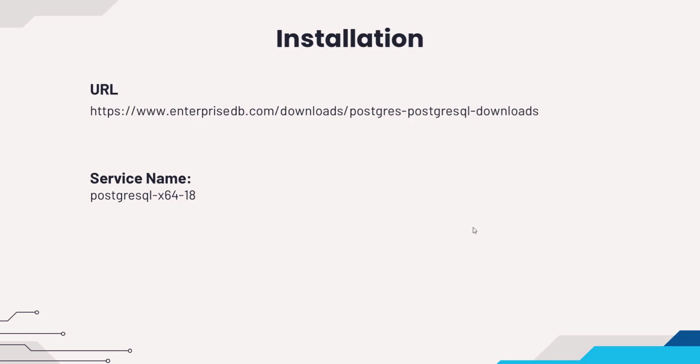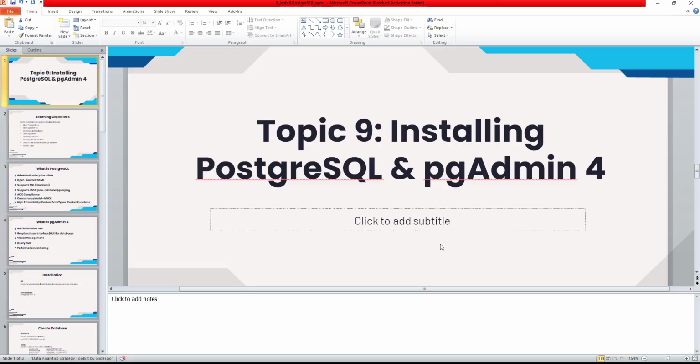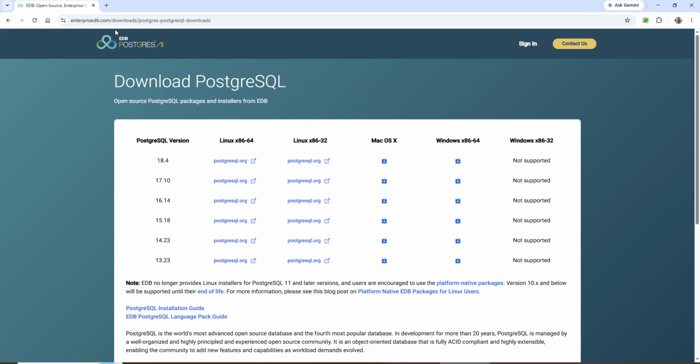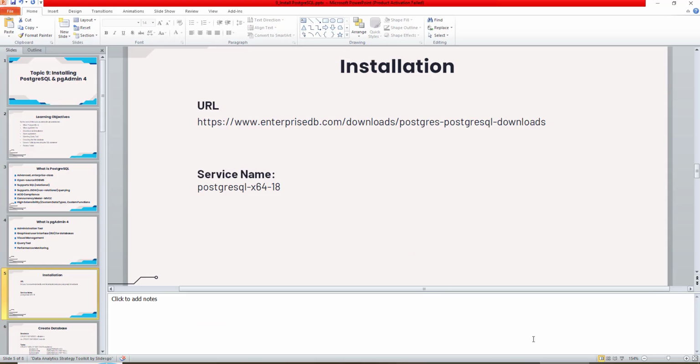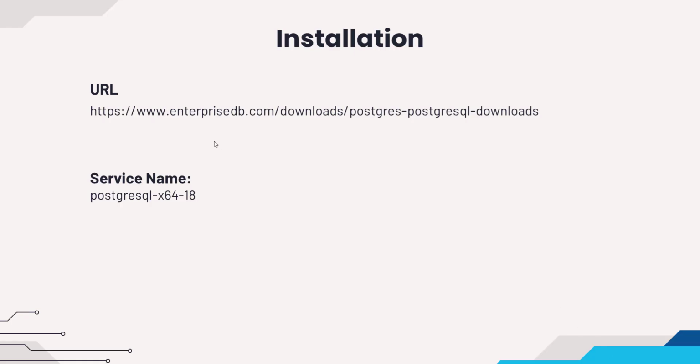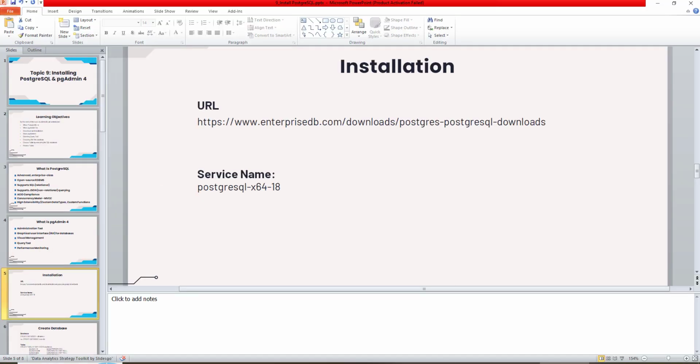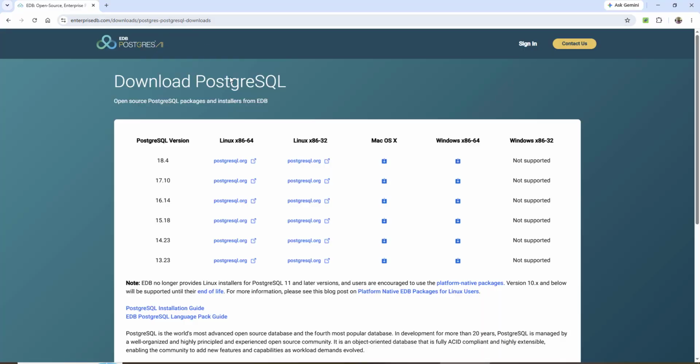Okay, let's go to the installation, from where we can download the software. Here, this is the same link: EnterpriseDB downloads, PostgreSQL downloads. If I go to this URL, here you can see I will download the version 18.4 Postgres, for Windows x86-64-bit.